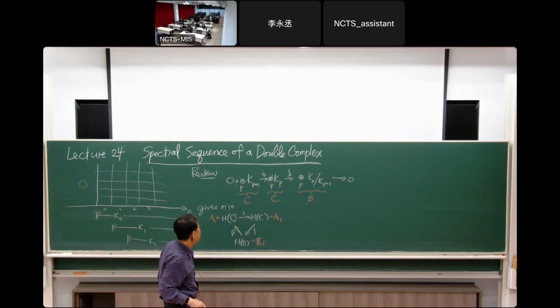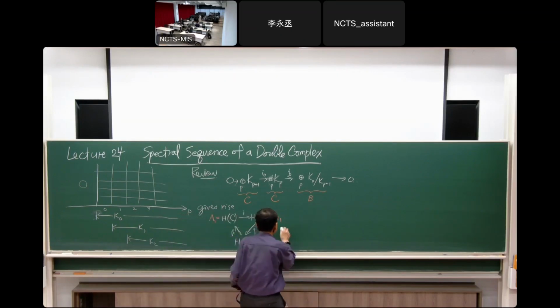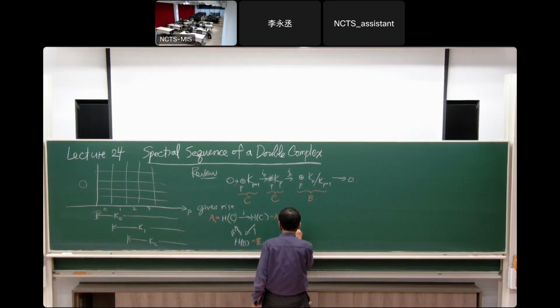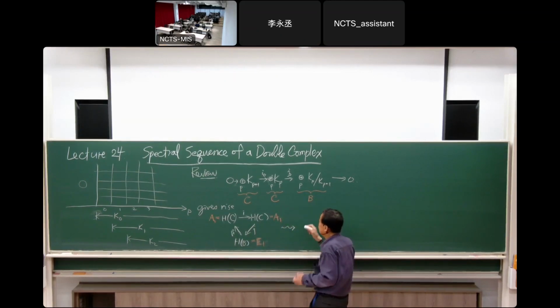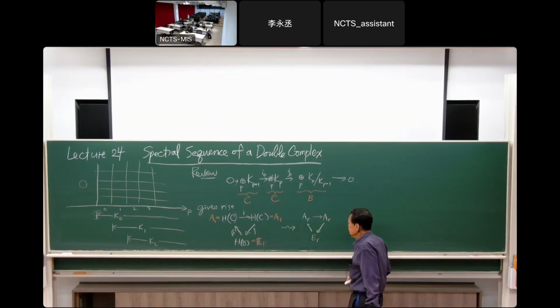And then, this gives rise to derived couples. Okay. So we'll get A_r, E_r. And each E_r is just the cohomology of the previous one.